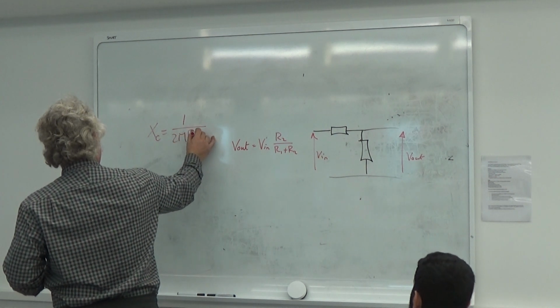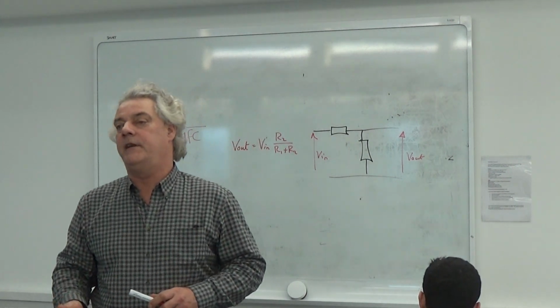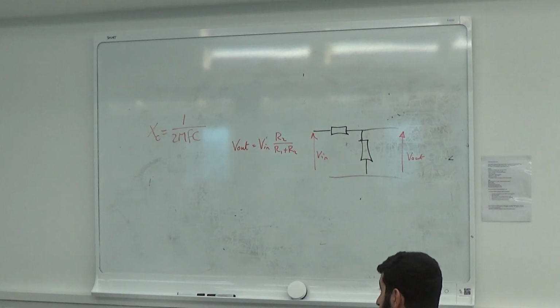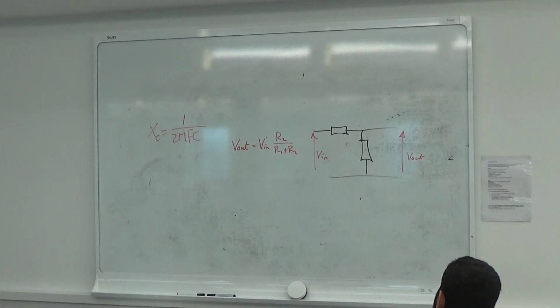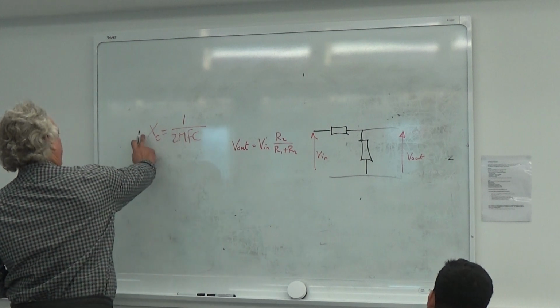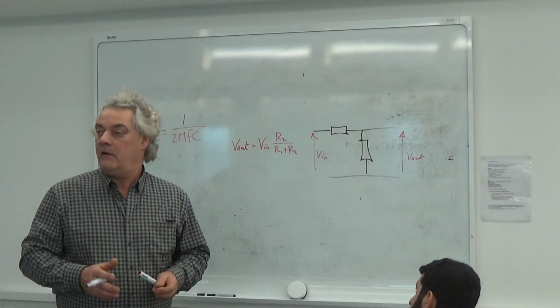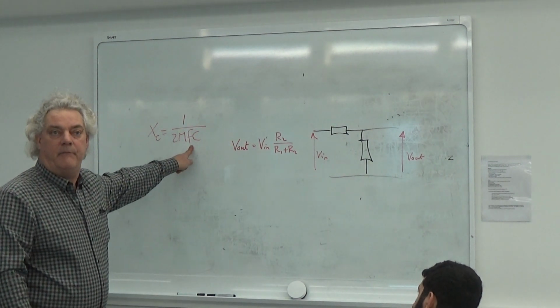FC. Good. Now where we go on the omegas and so on, yes, it's a complex impedance, and yes, we could do complex analysis and resolve the vectors, magnitude and phase and everything. But that's just quite a convenient way to represent, so we've got XC, so that's the impedance of the capacitor, because notice that the impedance is dependent on the frequency.